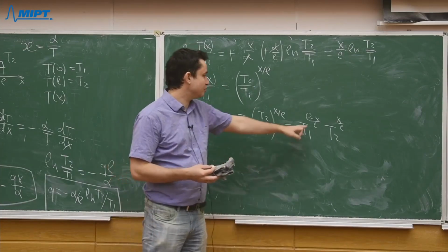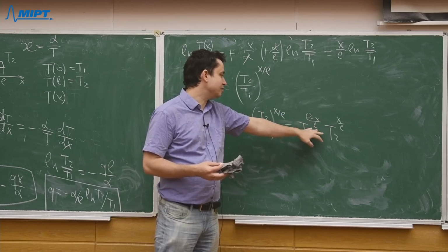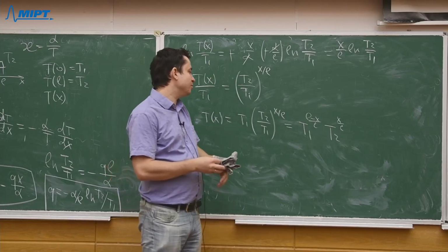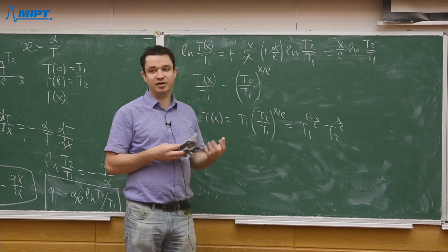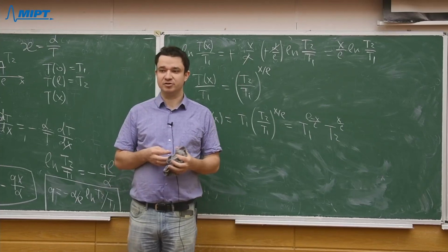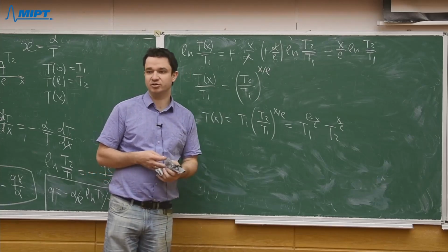So as you increase the distance by 1, you slightly decrease this exponent here, slightly increase the exponent here, and that means that the whole temperature is multiplied by the same factor. So what we have here is actually the exponential dependence of temperature as a function of coordinates.